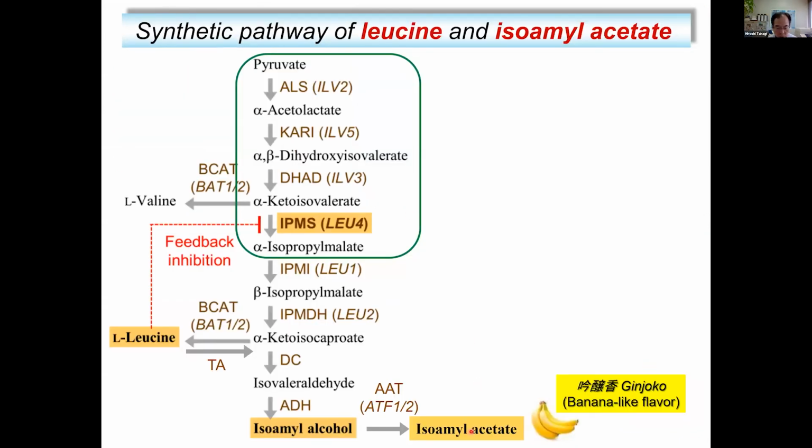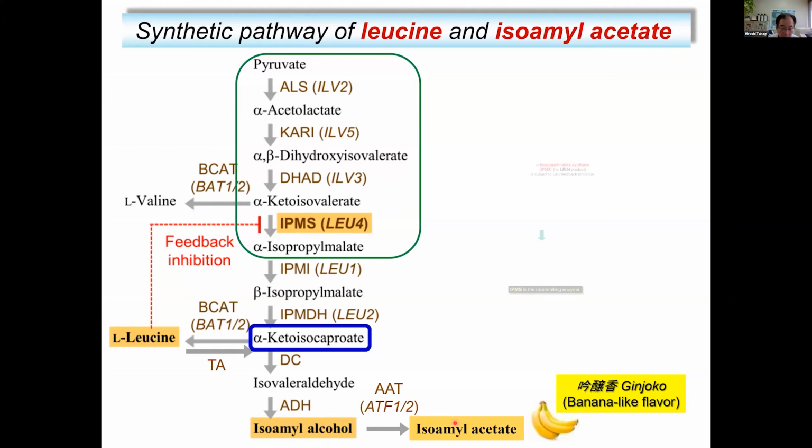Isoamyl acetate is known as the banana-like flavor and the key flavor, ginjoka in Japanese sake, in yeast. Isoamyl acetate is mainly converted from the intermediate alpha-ketoisocaproate, which is an intermediate of the leucine synthetic pathway, in three steps catalyzed by alpha-keto acid decarboxylase, alcohol dehydrogenase, and finally alcohol acetyltransferase.